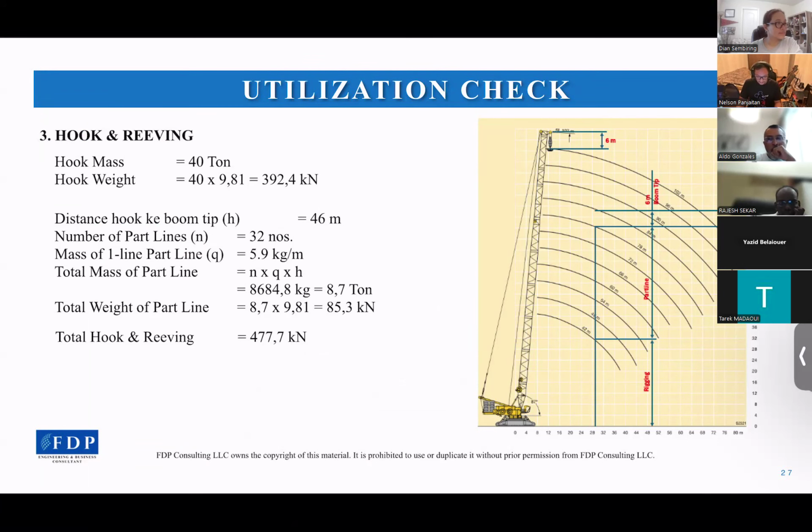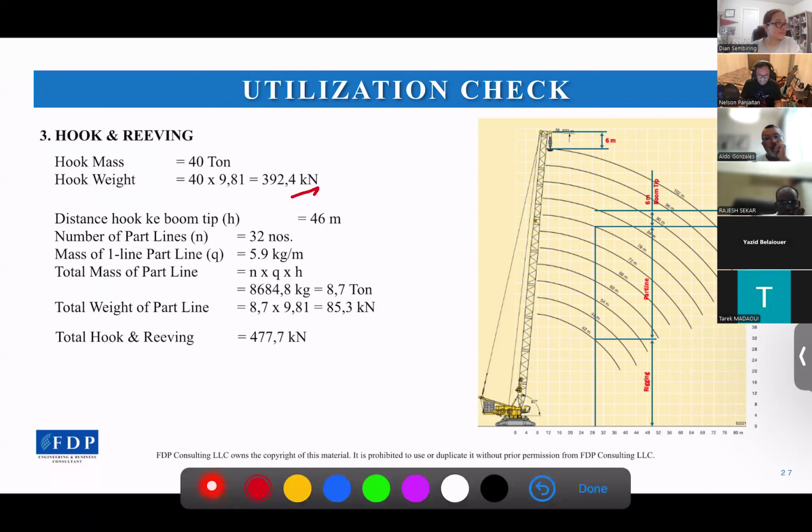Hook mass is 40 tons, as we are using 1,350 tons hook capacity here, same as the previous arrangement. Then the hook weight is mass times gravity, and we got 392.4 kilonewton here.